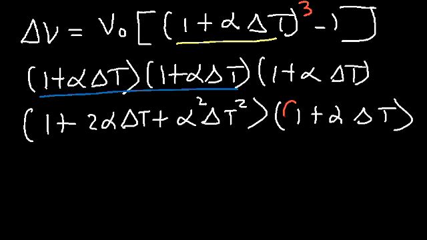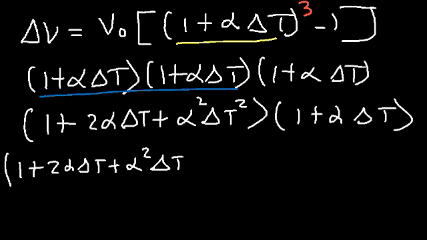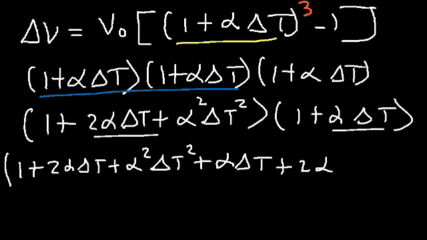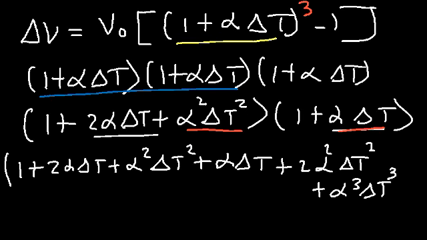So 1 times these 3 terms is going to be the same thing on the left: 1 plus 2 alpha delta T plus alpha squared delta T squared. And then alpha delta T times these 3 terms: 1 times alpha delta T is just alpha delta T. And then these two multiplied is going to be 2 alpha squared delta T squared. And then finally, these two multiplied will be alpha cubed times delta T cubed.